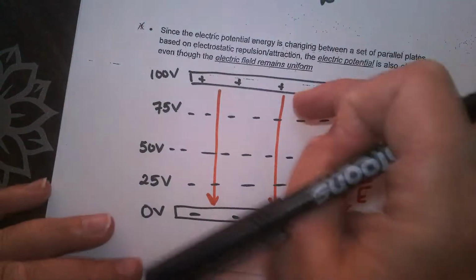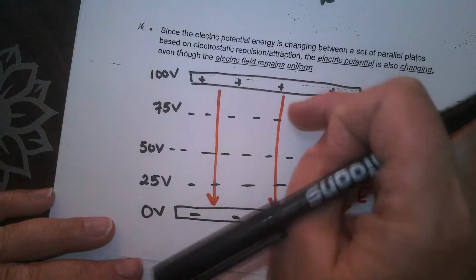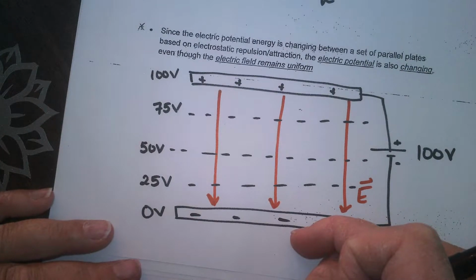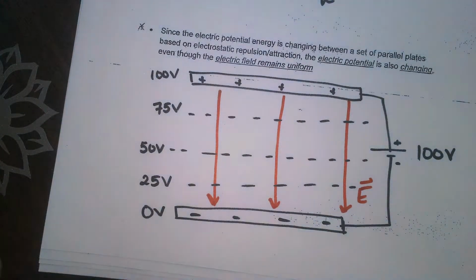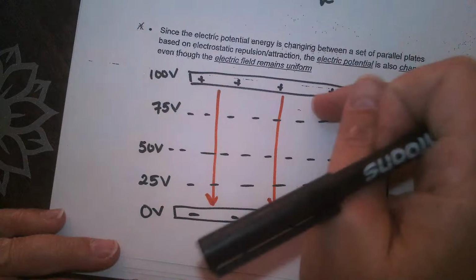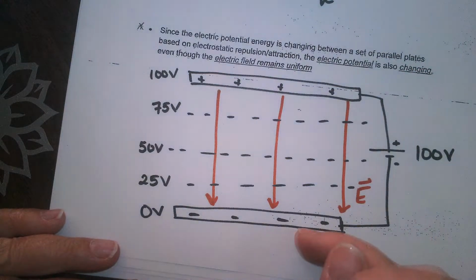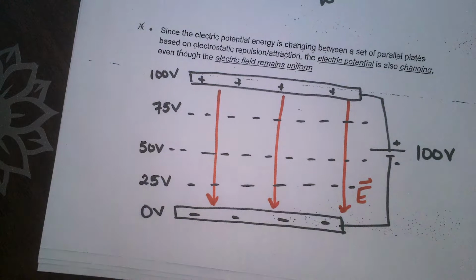Because the positive charge will want to move towards the negative plate, it'll have a phenomenal amount of potential energy here and all kinetic energy here.